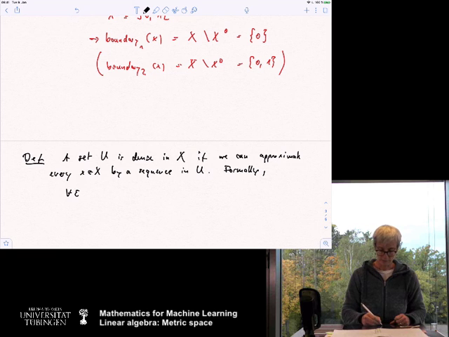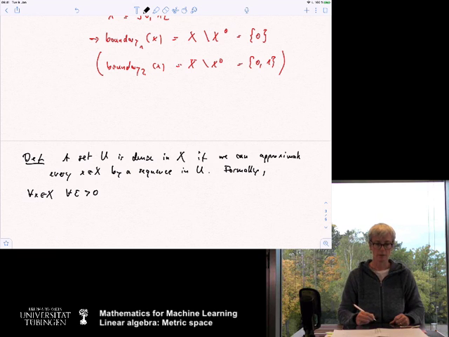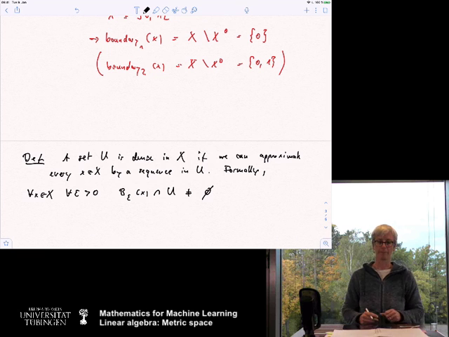For all x in the space, and for all epsilon larger than 0, if you look at the intersection between the epsilon ball around x and U, then this intersection is non-empty.